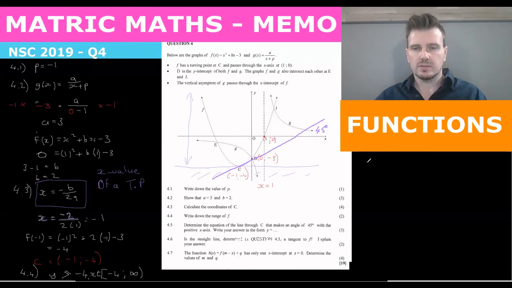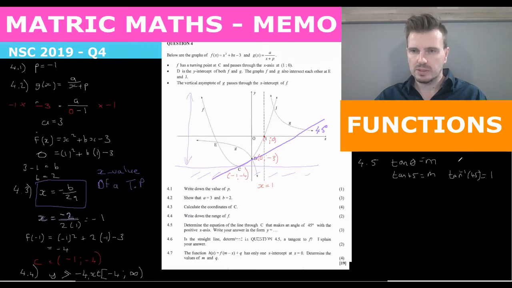Okay, so we have to know the formula. So 4.5, the formula is tan theta equals m, okay? And tan 45 equals m. And we know tan 45 is equal to 1.